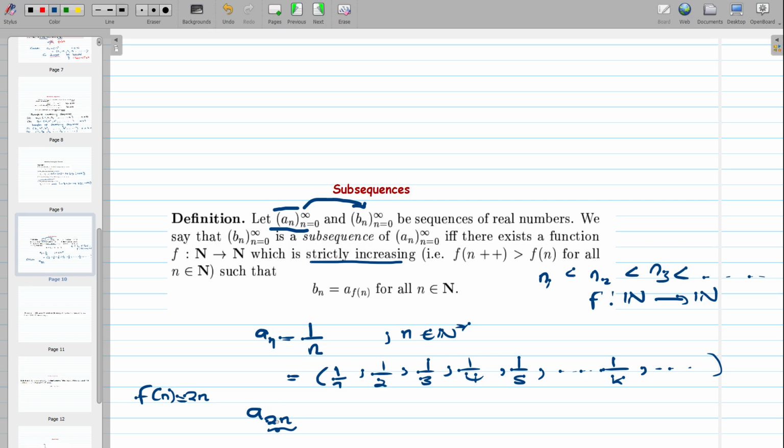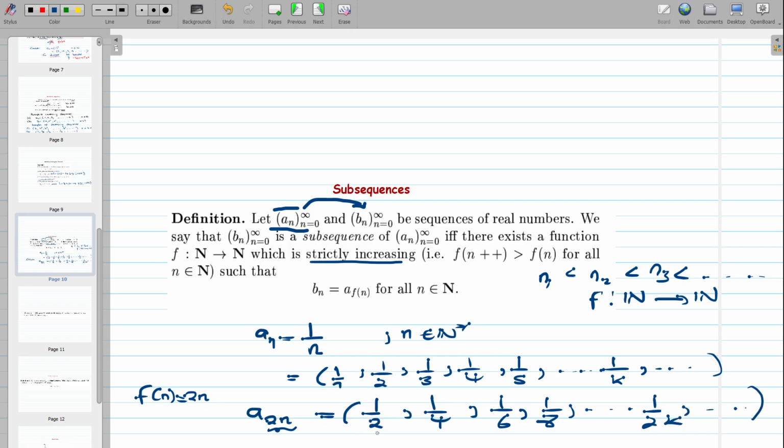So if we extract this sequence a sub 2n, this sequence is going to contain the even terms, so we'll be using the even values of n. Here we're going to have 1 divided by 2, which is our first term, then 1 divided by 4, 1 divided by 6, 1 divided by 8, then 1 divided by 2k, and the terms continue.